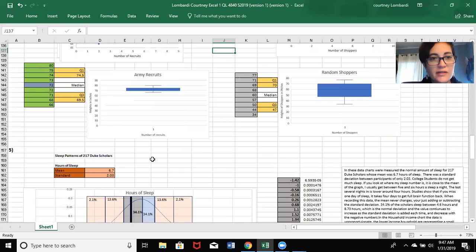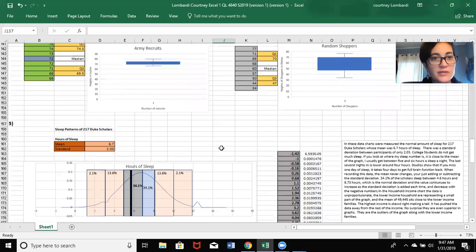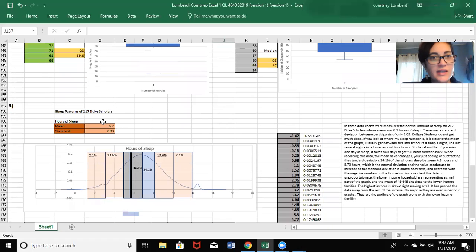All right, down here on number 5, there was a study on Duke scholars and their sleep patterns. They took a total of 217 Duke scholars, took all of their hours and added them up and divided them to find their mean, and that was 6.7.